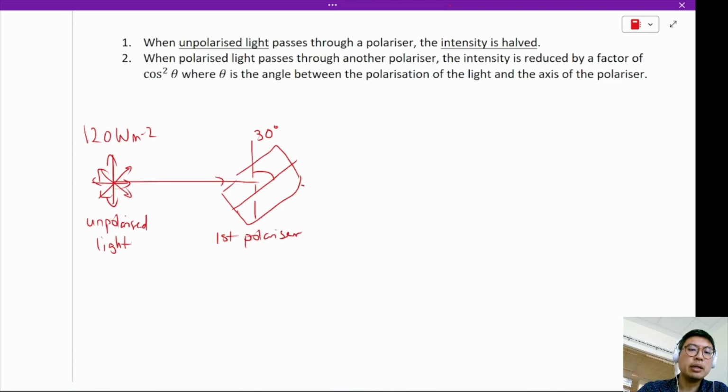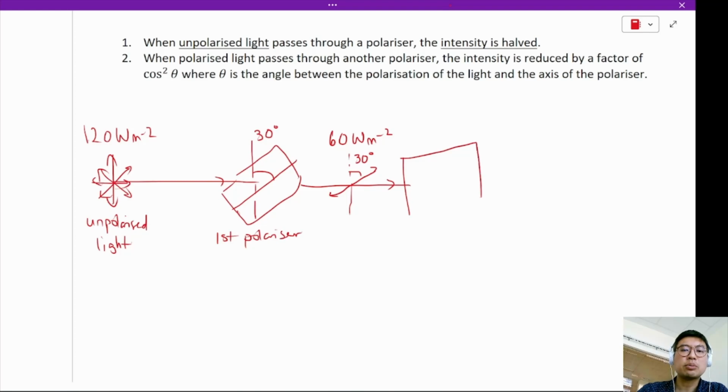Immediately when passing through the first polarizer, the intensity is halved. So now it's 60 watts per square meter, but it now becomes polarized light, and the angle of the polarization is 30 degrees.